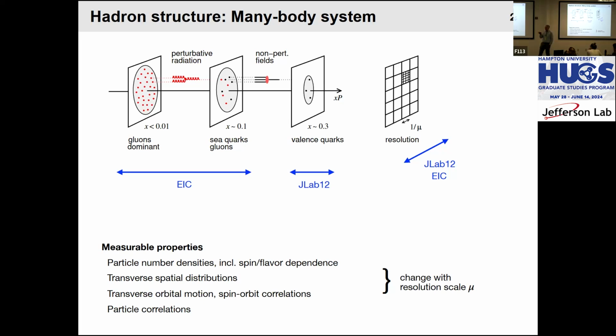These are both very good questions, and the second question is actually related to the first one. So the answer to the first question, the factorization is an approximation based on some putative asymptotic situation. So we have the hadronic scale, like typical inverse hadronic size, typical transverse momenta in the hadron.